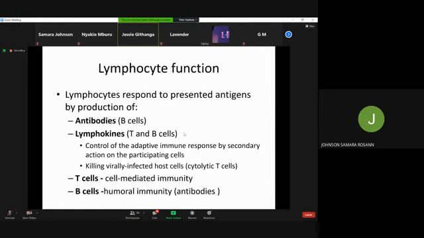It is more involved in the particulate immunity, or response to particulate bacteria and substances, whereas the T cells are important in your viruses. And therefore, later on, when we're talking about what causes an increase in lymphocyte counts, you will see viral infection is one of the causes of an increase in lymphocytes.